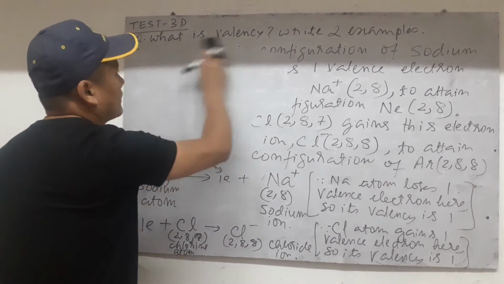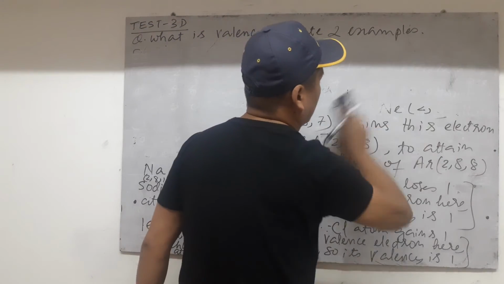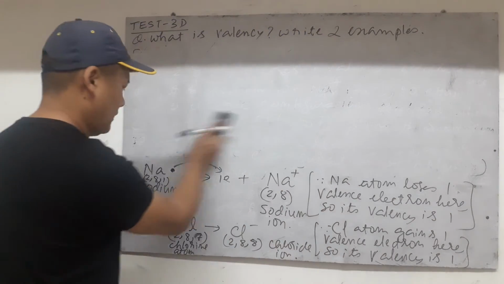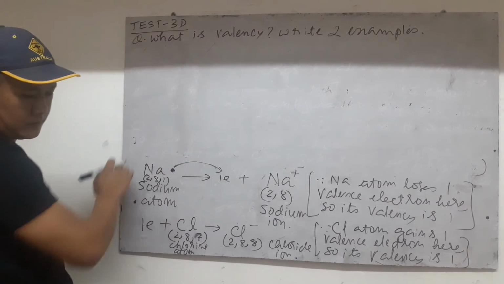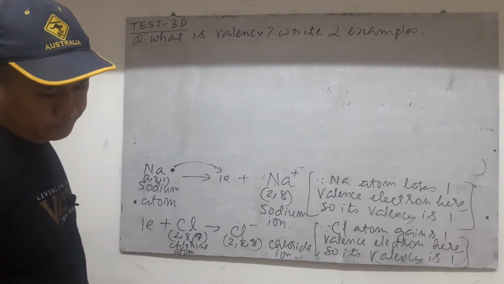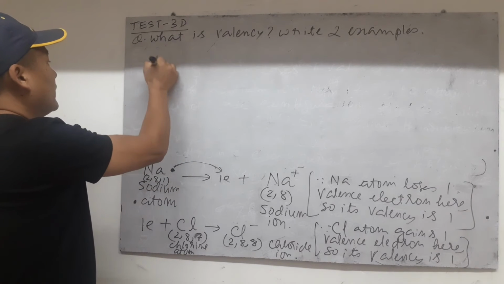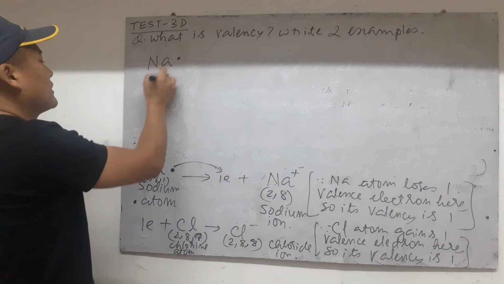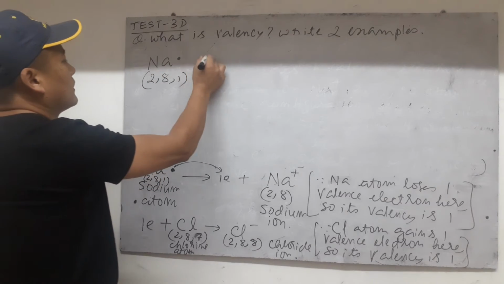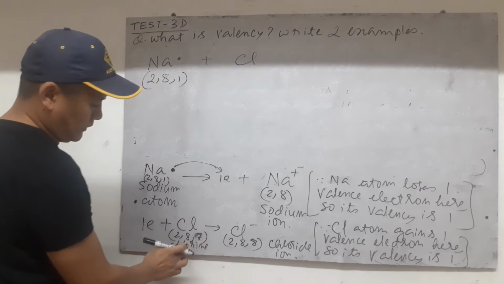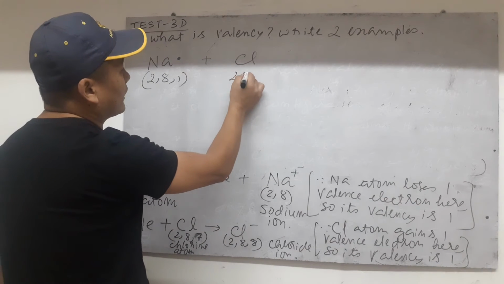So let me just take here. This sodium becomes sodium ion. Here, sodium atom Na has 1 valence electron, so this is 2, 8, 1. This is the sodium atom, and the chlorine atom is here, 2, 8, 7.